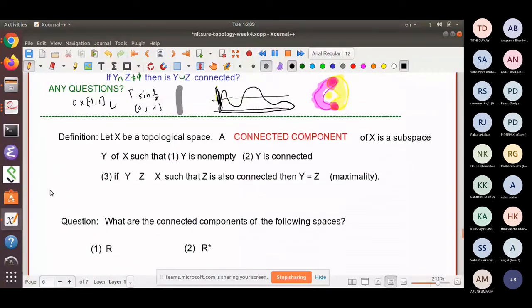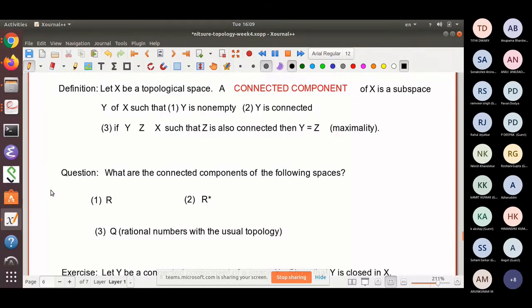Okay, now let's begin the new topic, connected component, and the definition is this. If I have a topological space X, a connected component of X is a subspace Y such that Y should be non-empty, otherwise I am not going to call it a connected component.